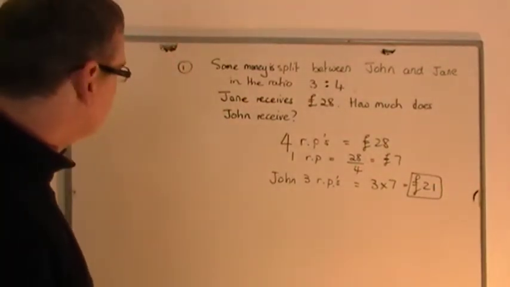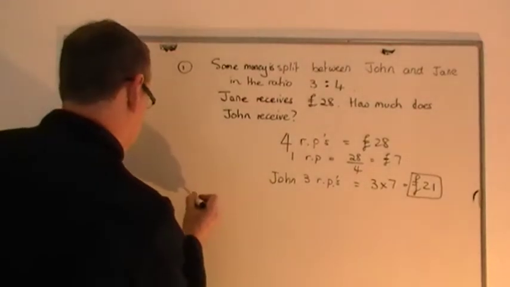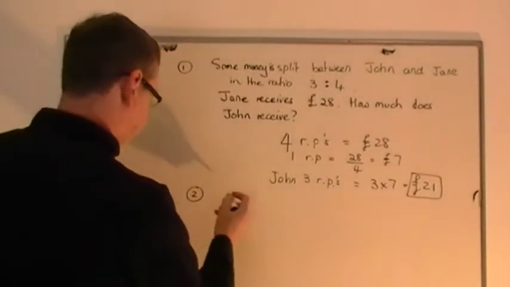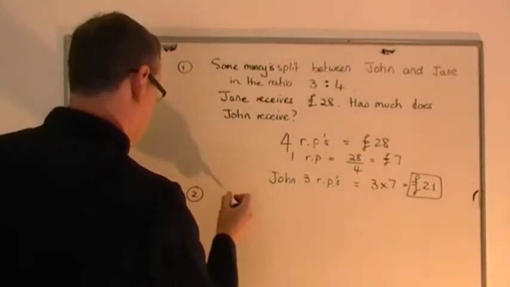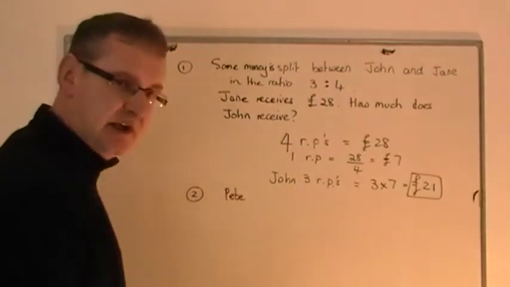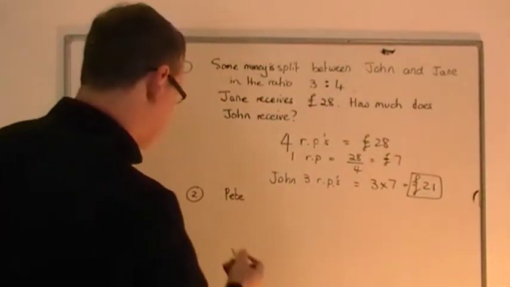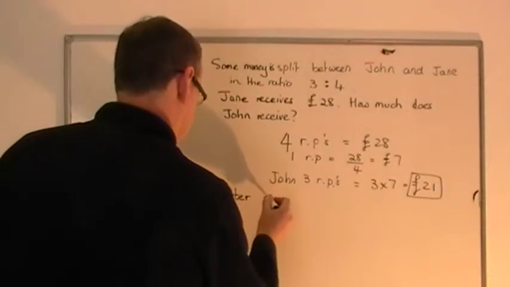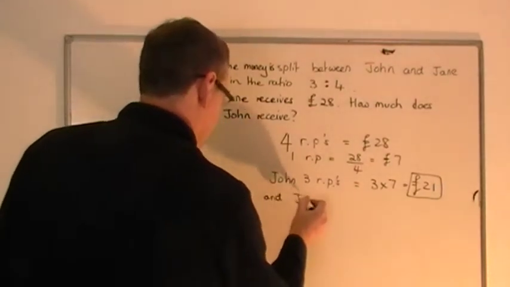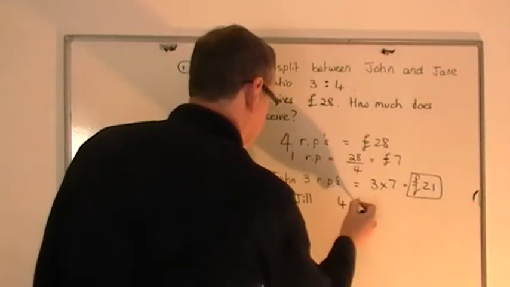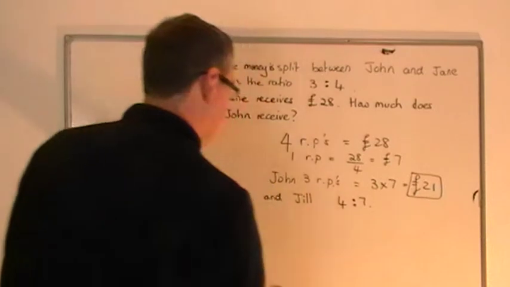Okay. Let's try number 2. I'll cut down some of the writing. Let's say we've got an amount of money again. I'm going to cut out the writing and just tell you the question to speed things up. Let's say Peter and Jill split some money in the ratio 4 compared to 7.